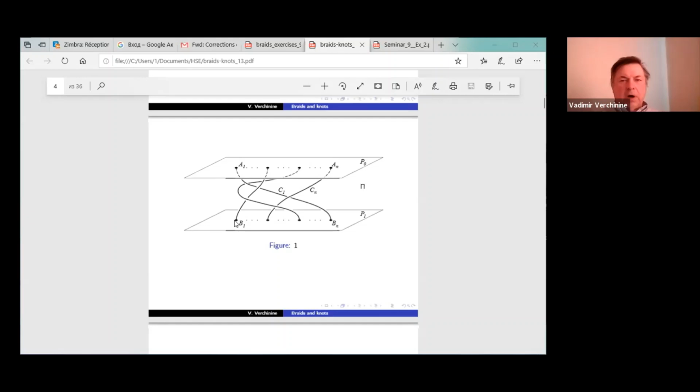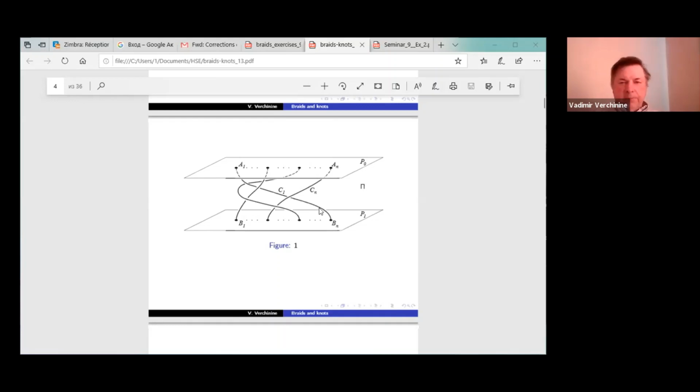You have the points A1, A2, and so on, and B1, B2, and so on, and you have curves which join the endpoints here to endpoints here. So A1 may go to another one, and so on.